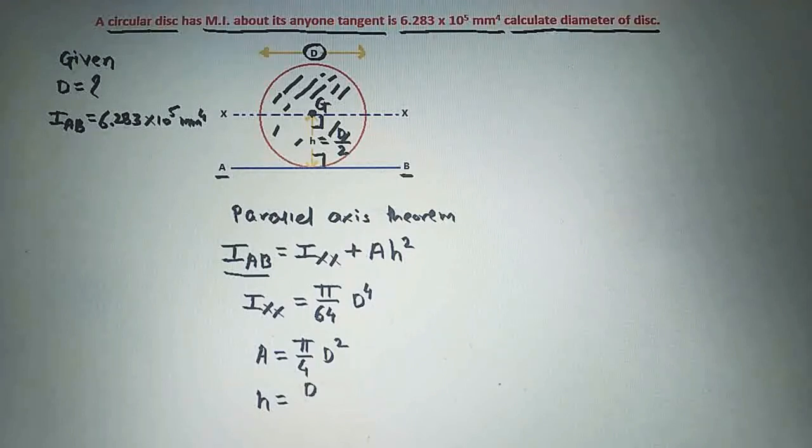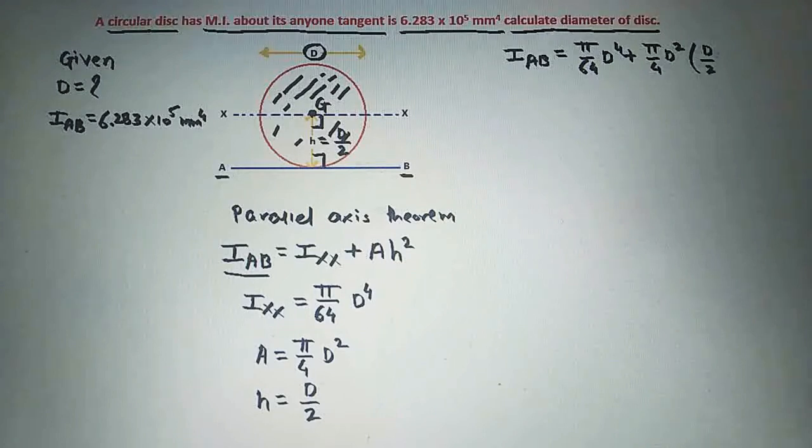So we will write here d by 2, and if we put these equations Ixx, A and h in IAB is equal to Ixx plus AH square, then we can write here IAB is equal to pi by 64 d raised to 4 plus pi by 4 d square into (d by 2) whole bracket square.